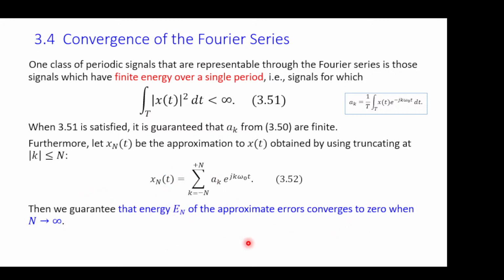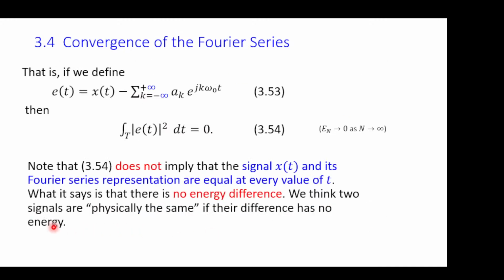And so this big E_n should go to 0 as n goes to infinity. Here we are just writing the same thing in equation once again, reminding what small e_n and big E_n are. Small e_n is your x(t) minus your finite truncation, and big E_n is the energy of your small e_n.